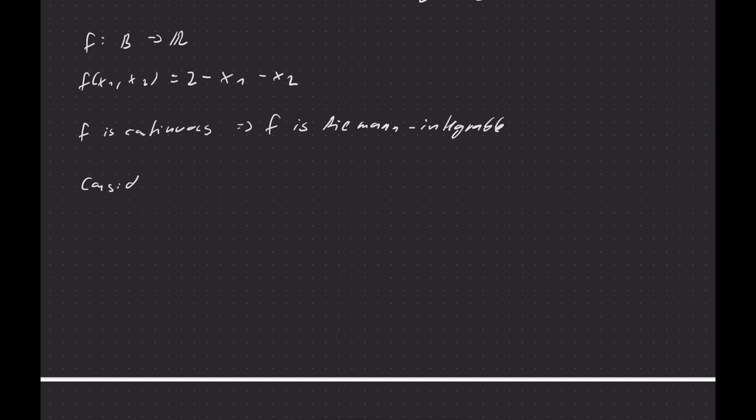So we are going to consider partitions P of the following kind. Our partitions will be made up of smaller boxes that have a side length of 1 over k.